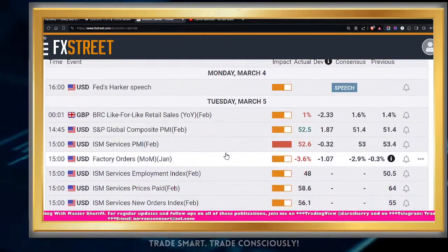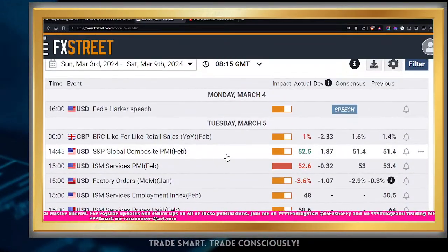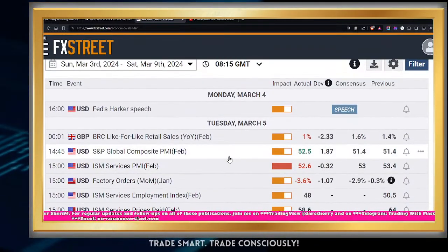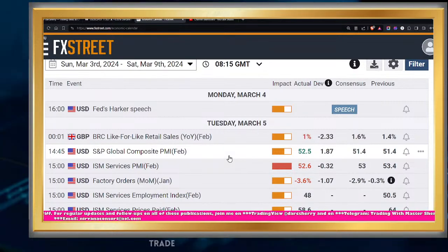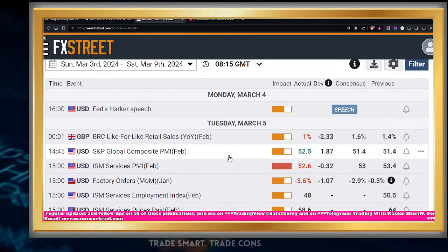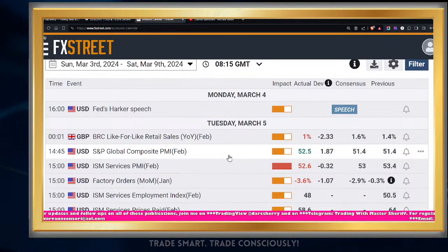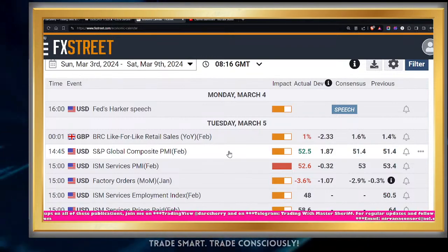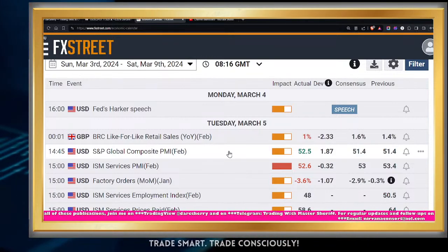Since the beginning of the week, we've had quite some impactful events. Yesterday we saw the BRC like-for-like retail sales, which came in below expectation, and of course we saw how the pound sterling reacted negatively to it before it finally gained momentum again.